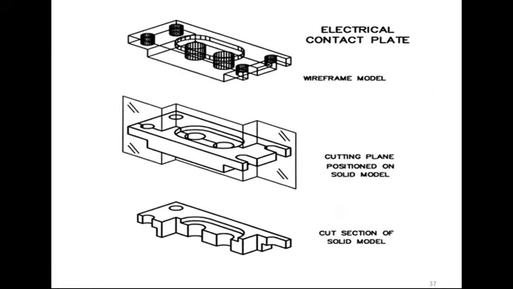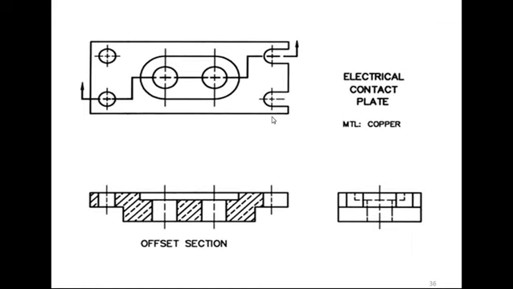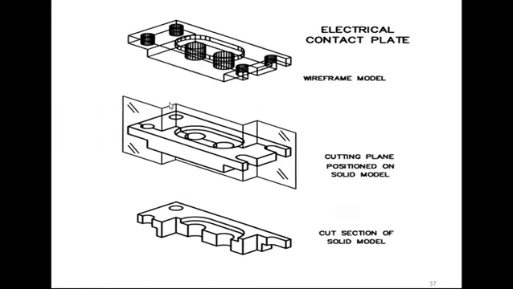Just we will take one more example here of a partial section. This is an object, this is a 3D view. In this 3D view different holes are given, the same thing, just shown here in an isometric view. So we have passed this cutting plane at different levels, and when you remove this from this side, we are able to see it like this.